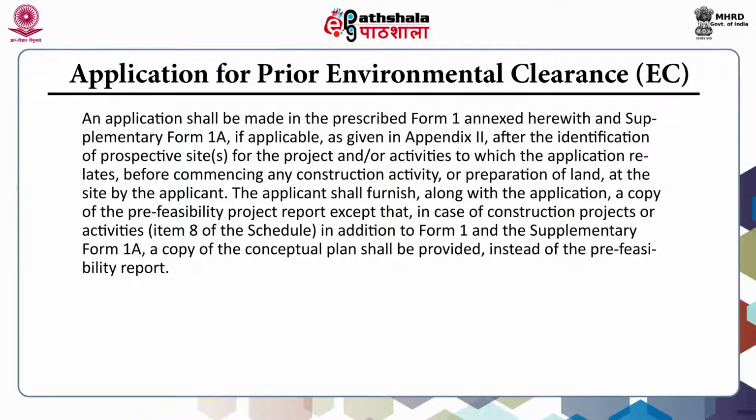The applicant shall furnish along with the application a copy of the pre-feasibility report, except that in case of construction projects or activities, that is which are under item 8 of the schedule, in addition to Form 1 and the supplementary Form 1A, a copy of the conceptual plan shall be provided instead of pre-feasibility report.